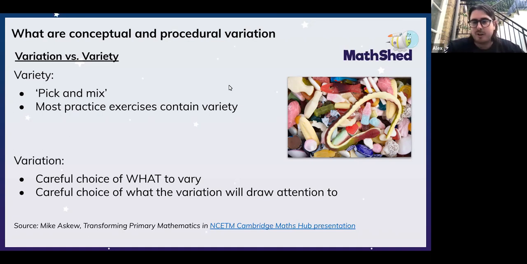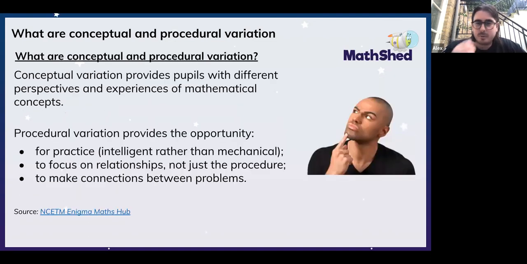If you're changing one thing every time, you could be doing that for children to highlight or expose a difference that you're looking for, which is different to variety, where things are random and there's no purpose to it.